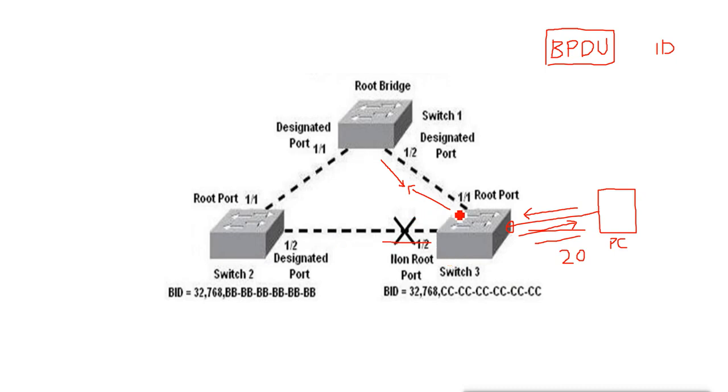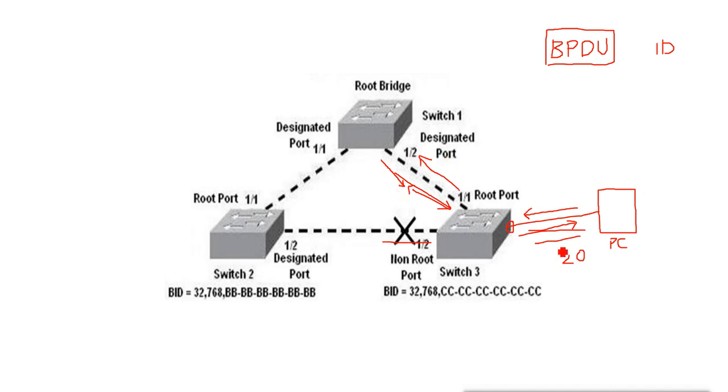That means the port will go to the listening state. In this state they start exchanging BPDUs. It will send BPDUs and also receive BPDUs, so that it can get information about the network and about the other switches.